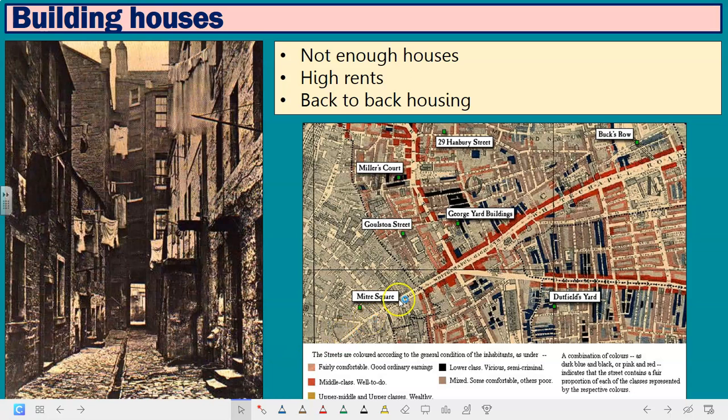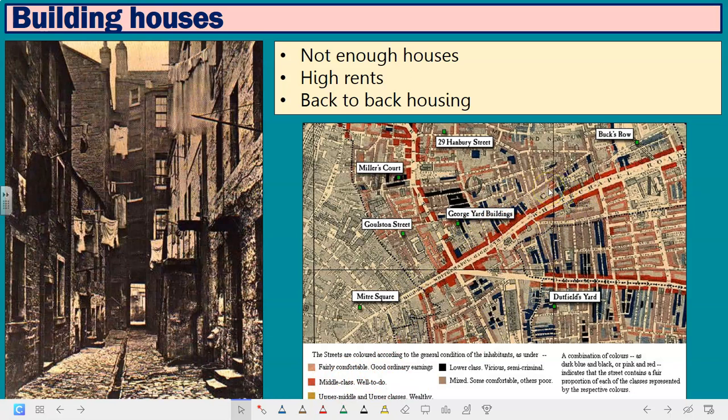What you can see here is an image from something called Charles Booth's poverty map. So Charles Booth was a reformer at the time, and he wanted to show the government what the problems were in the city. So this is from an area of London called Whitechapel. And what he did was he categorised who was living where. And you can see that along the main roads, where you would have all the fancy big Regency houses, you actually had quite middle class, well-to-do populations.